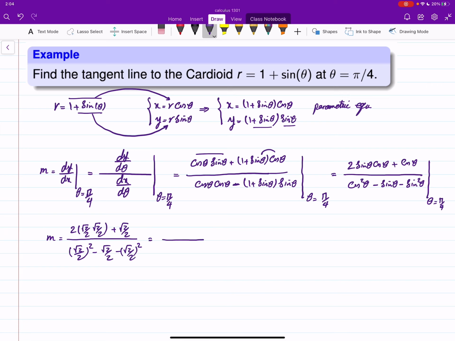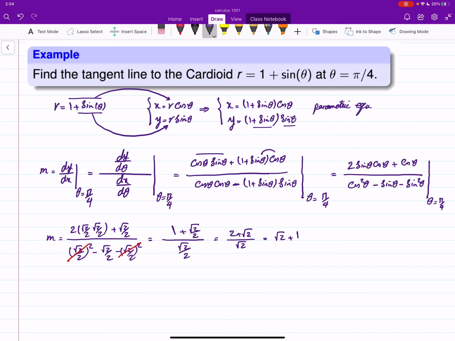So here, when I multiply root 2 over 2 by itself, I get 1 over 2, times 2 is 1, plus root 2 over 2. Here, this and that cancel each other and we have just 1 and root 2 over 2. We can simplify this. Yes, I can write this as 2 plus root 2 divided by root 2, or just simply root 2 plus 1.